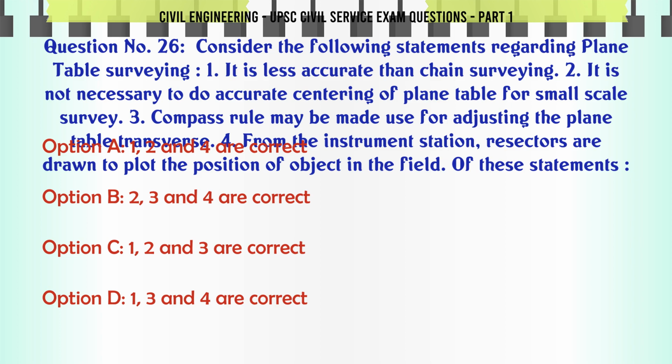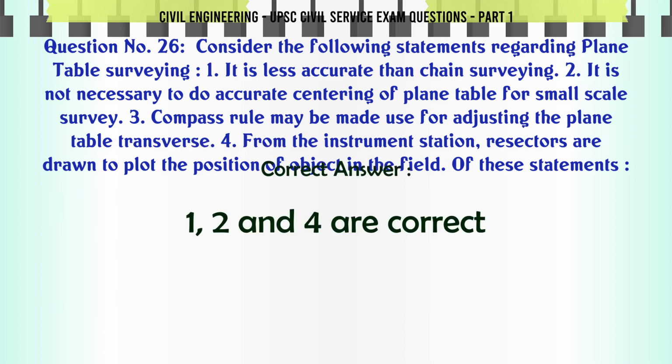From the instrument station, rays are drawn to plot the position of objects in the field. Of these statements, A 1, 2 and 4 are correct. B 2, 3 and 4 are correct. C 1, 2 and 3 are correct. D 1, 3 and 4 are correct. The correct answer is 1, 2 and 4 are correct.